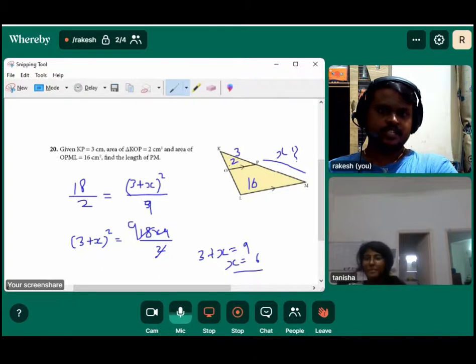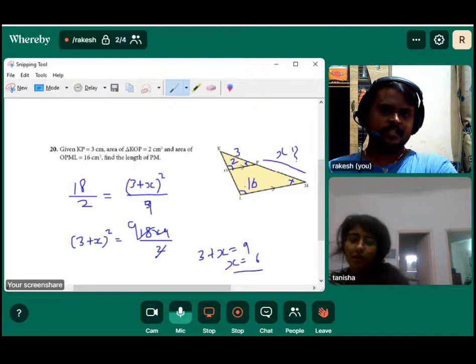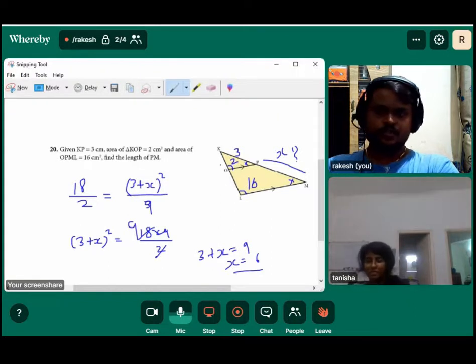You understand? See, basically these two triangles are similar. That is obvious. But you have to show that both the triangles are similar by taking their names. So now we'll take the ratio of their areas. The area of the big triangle is 16 plus 2, which is 18, upon the area of the smaller triangle, which is 2, is equal to the ratio of the squares of their corresponding sides.